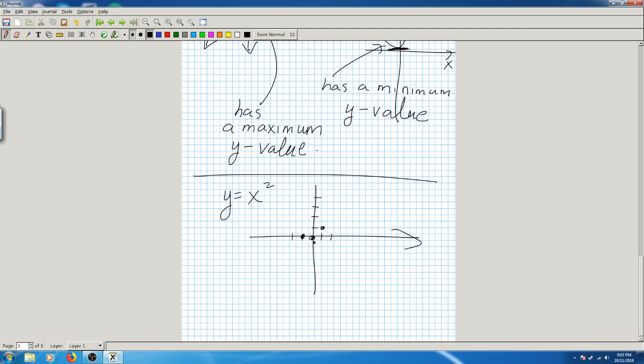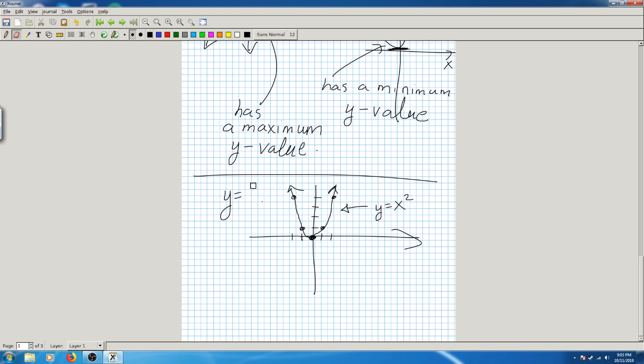The base curve's always going to be the same curve. Y equals x squared.